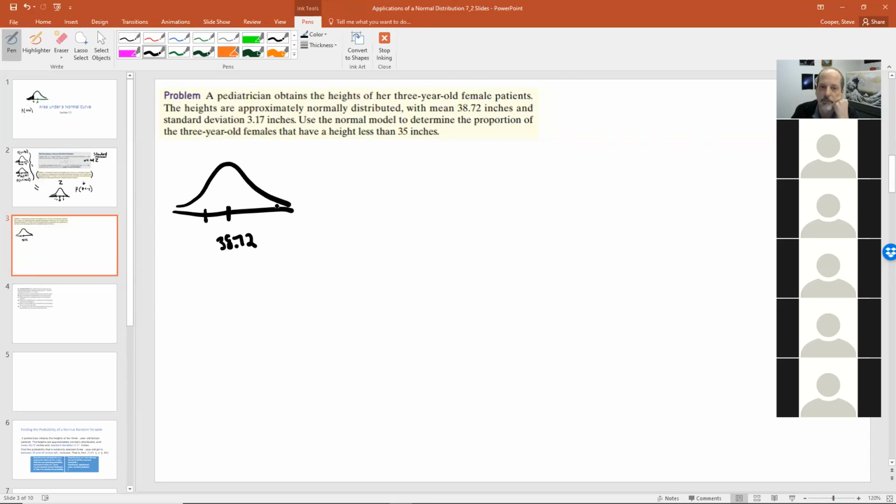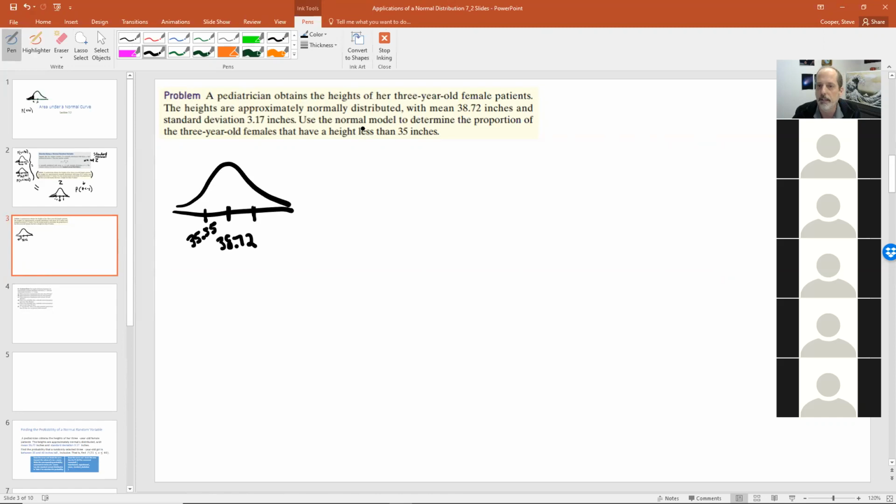So if I'm one standard deviation, remember we're looking about where that inflection point is. So just a simple calculation of 38.72 minus 3.17. To be one standard deviation away, it's going to be 35.55. And I would encourage you guys to do this with me on your calculators and correct me if necessary.